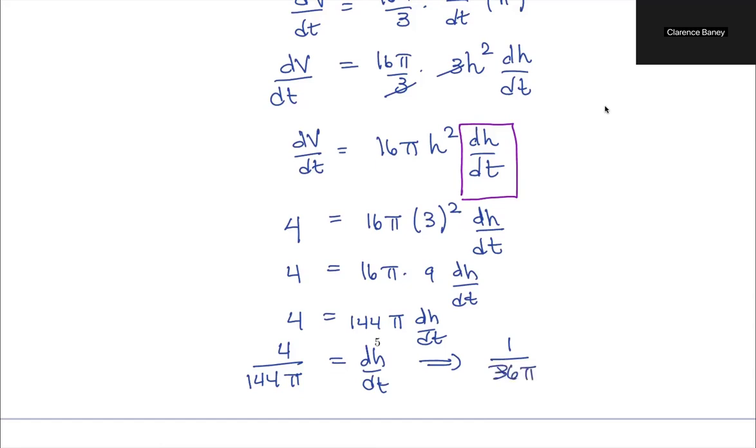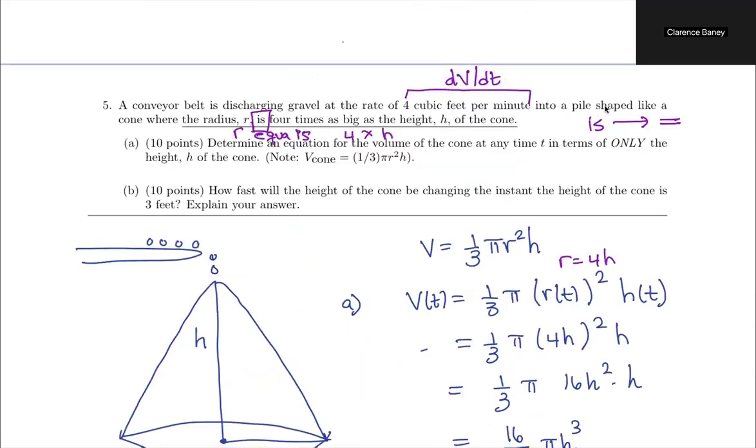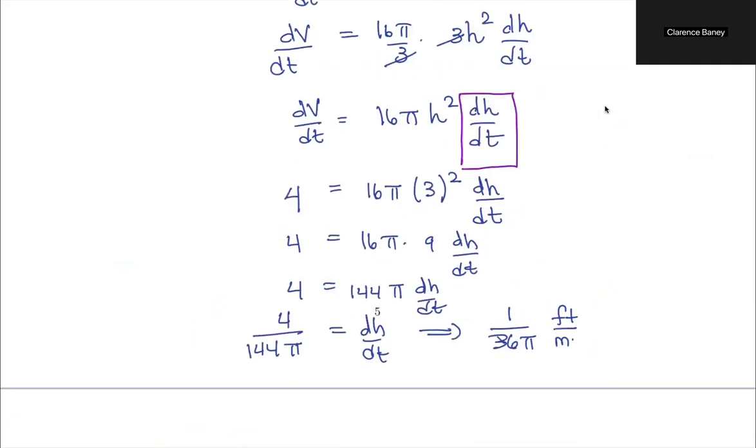And this is height, right? So this will be feet, because we're in feet. So feet per minute is going to equal dh/dt.